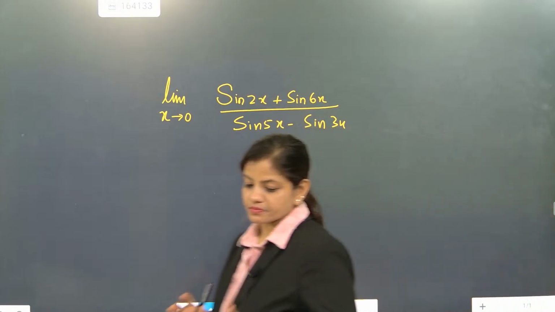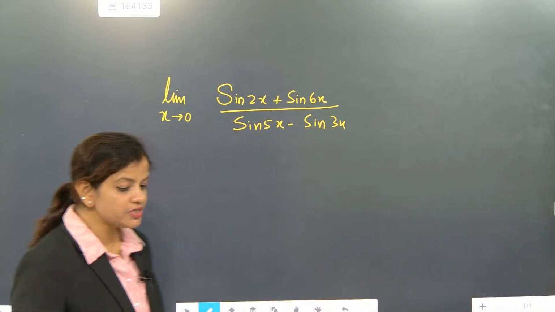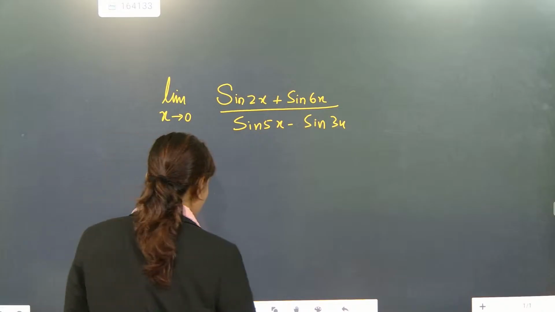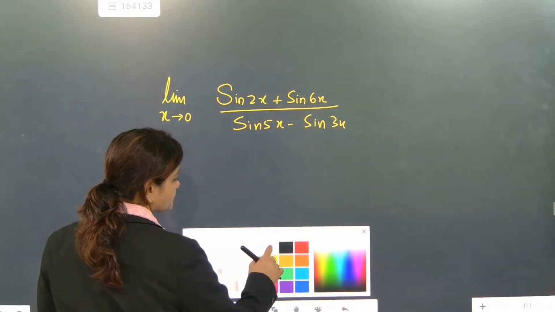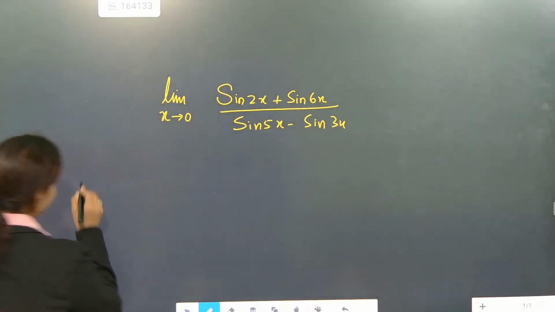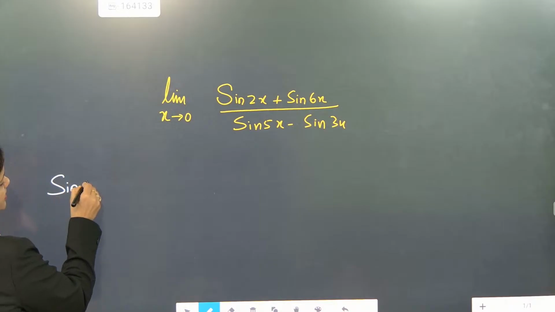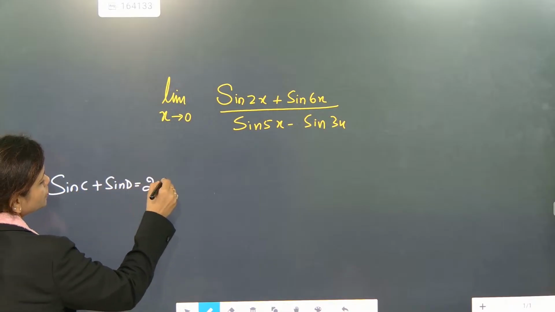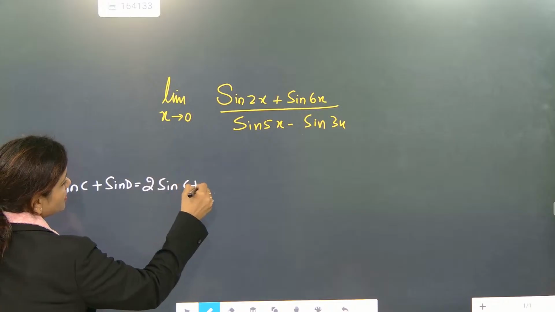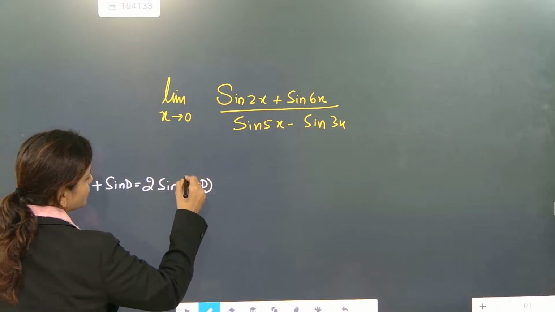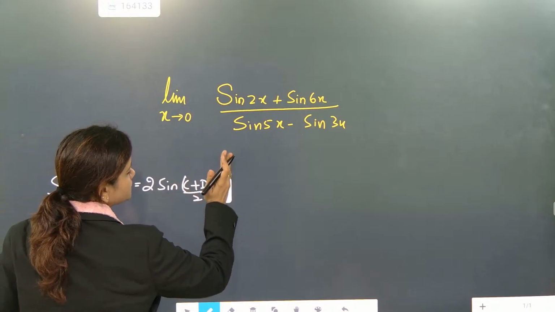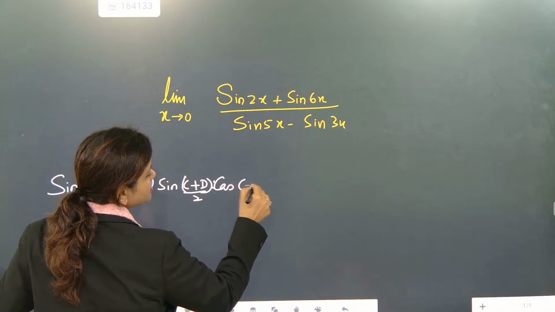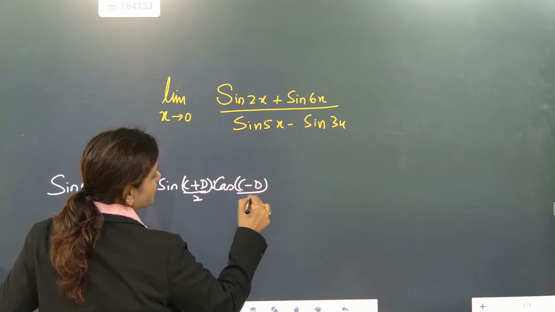Now look here. When these type of questions are coming, what work can we do? First, one by one. Approach should be one by one. First, you see sine C plus sine D. It will come as 2 sine C plus D by 2 into cos C minus D by 2.